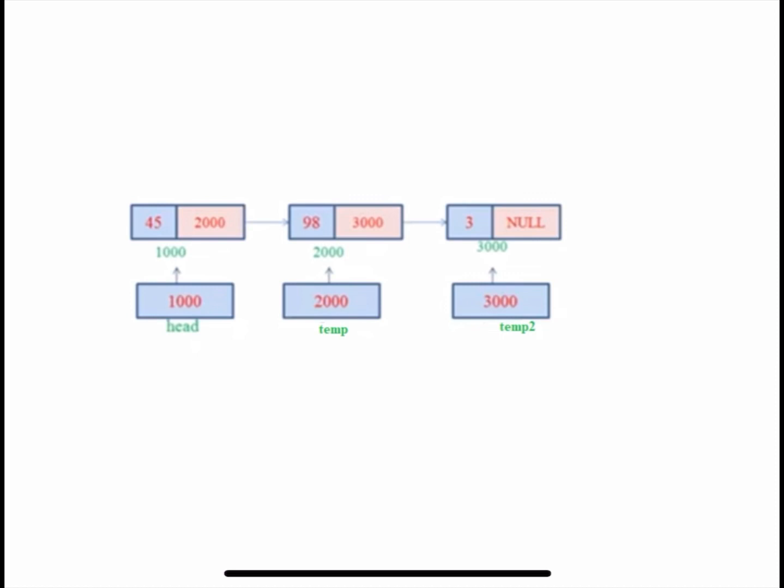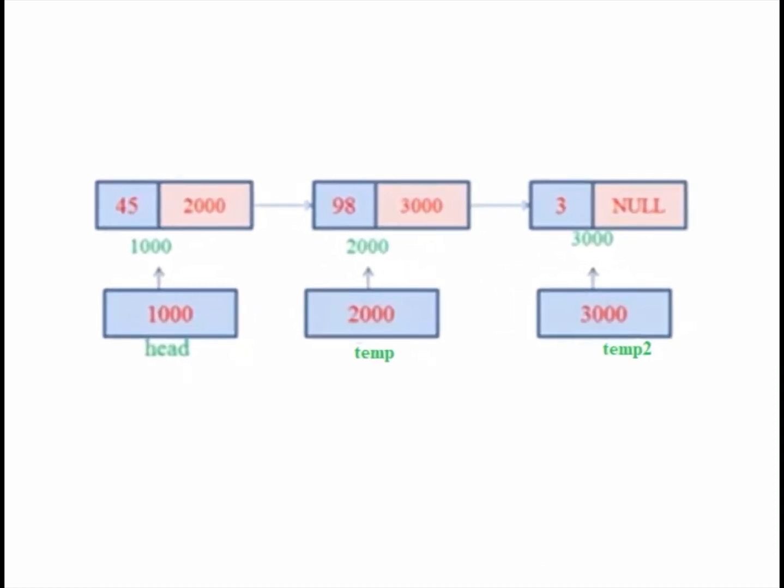So we have created it like this. The head pointer contains the location of the first node, which is 1000, and we created a head pointer and stored the location 1000 in it, and we are assigning the data part 45. We created the temp pointer, and we assigned the second node's location to the temp pointer, and we changed the head pointer's link to temp. Now the location of the second node is in head->link = temp.